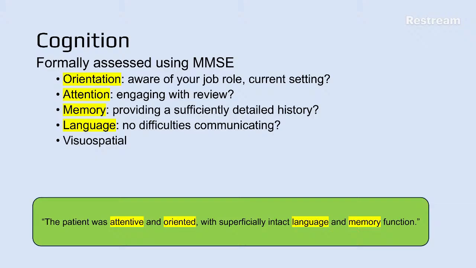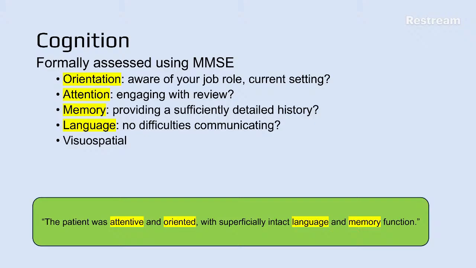So these are the components of the MMSE here: orientation, attention, memory, language, and visuospatial skills. Of these five, I think the top four are still doable in a natural, opportunistic way throughout the consultation. Only visuospatial is difficult to put in there, right? You're not going to ask the patient to draw a clock or anything like that.